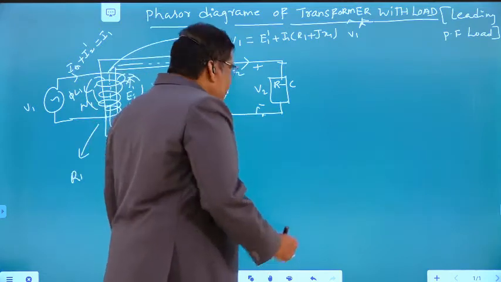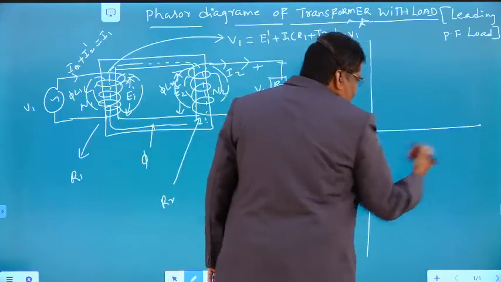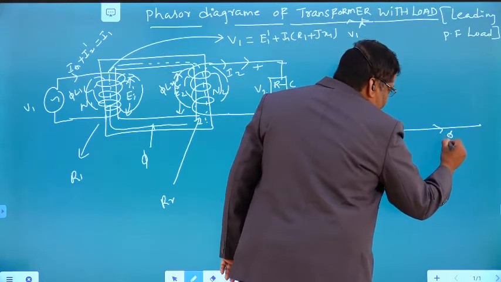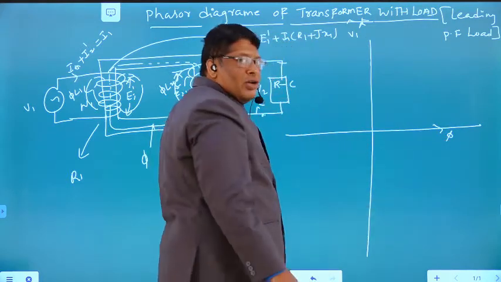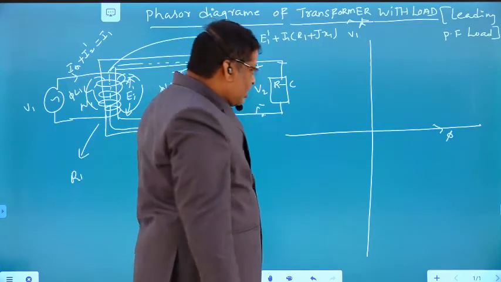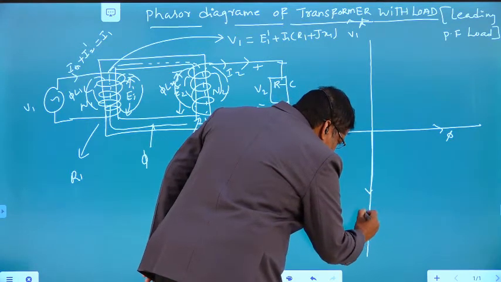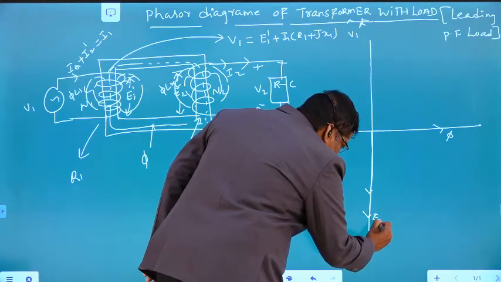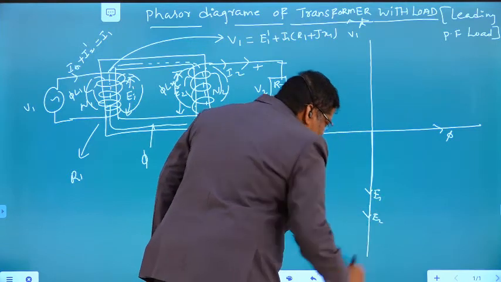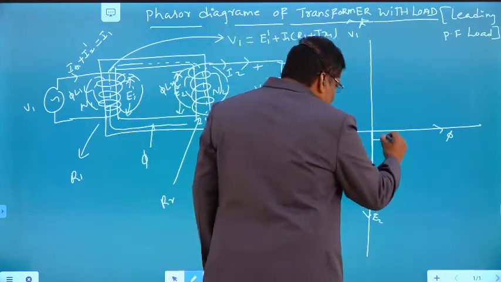Now again here take the y-axis and x-axis, draw the flux. Because of the flux only, E1 and E2 will be generated in the primary winding as well as the secondary winding. The angle between E1 and E2 is 90 degrees.